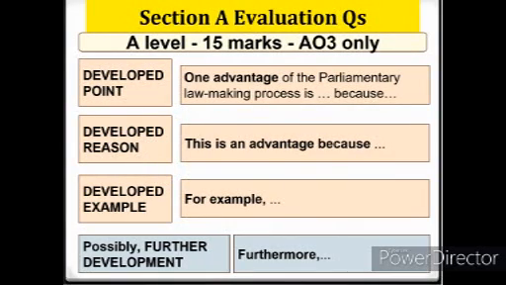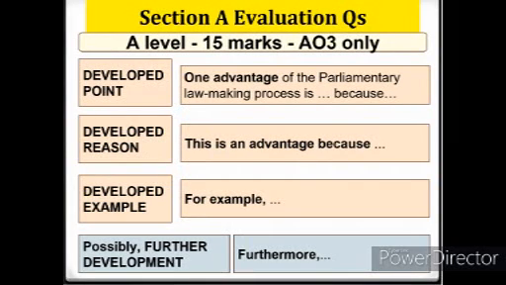So we might say one advantage of the parliamentary lawmaking process is time, let's say. And then our evaluation marks actually start with that word because, don't they? So one advantage of the parliamentary lawmaking process is time because, and then you would make your evaluation point.